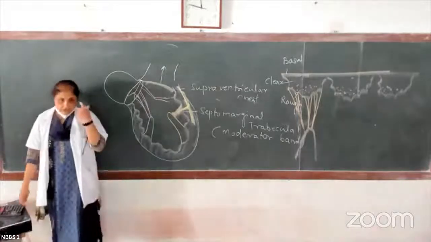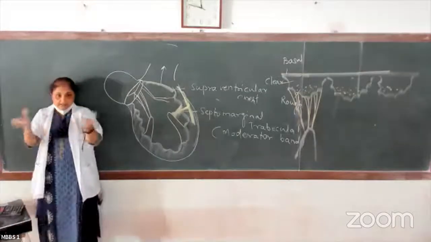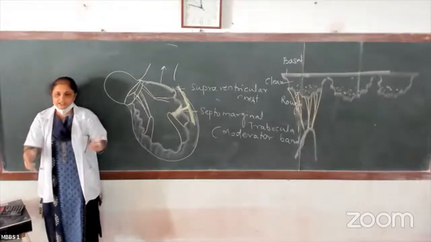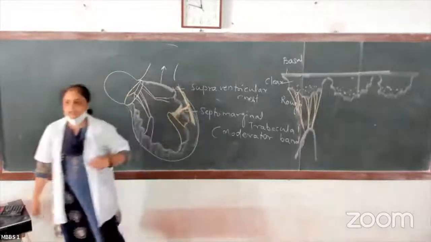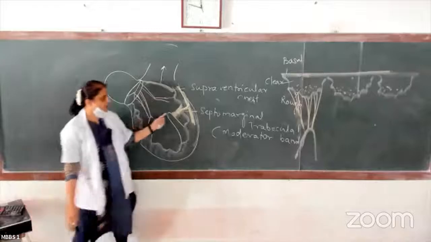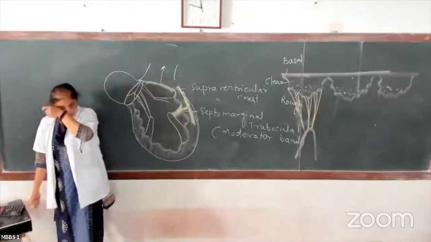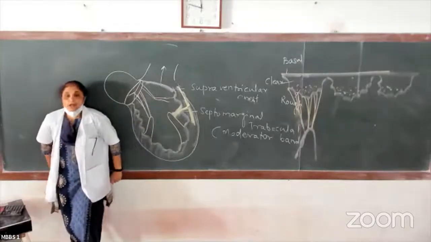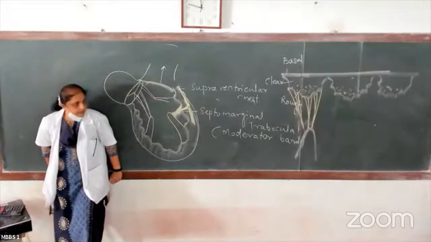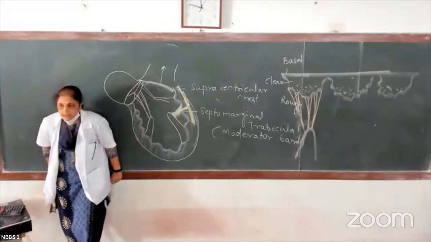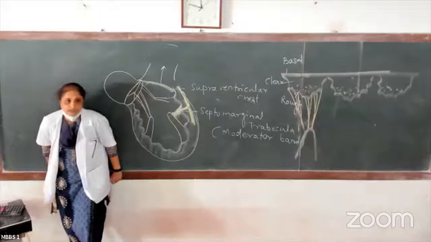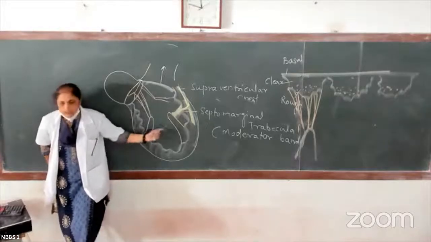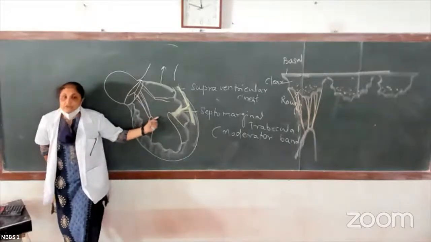They carry the reflexes, for example when over-distension is taking place, taking the sensations from the right ventricle. We have also seen there are three papillary muscles: anterior, septal, and posterior. So that is the inflowing rough part.